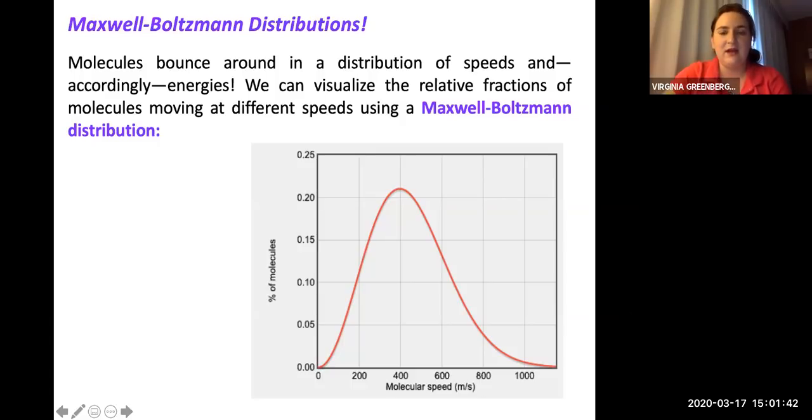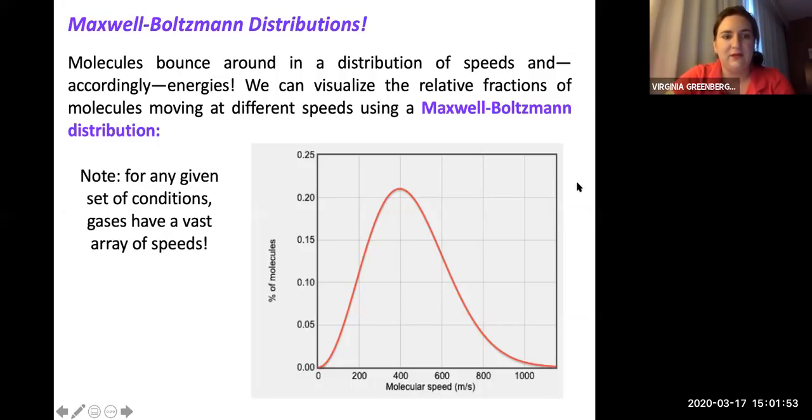Okay. So we can see that the peak of this curve is around 400 meters per second. And so we can see that even though we have a given sample of some gas at some constant temperature, we have this distribution of speeds. There's not just one speed that all of the gas molecules have.